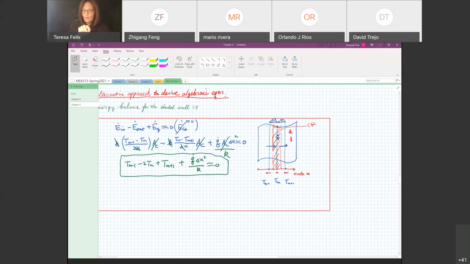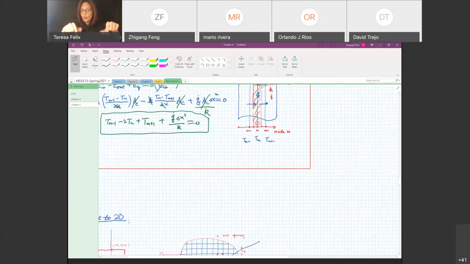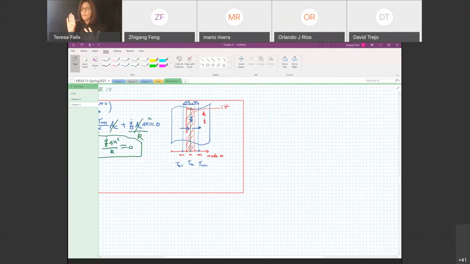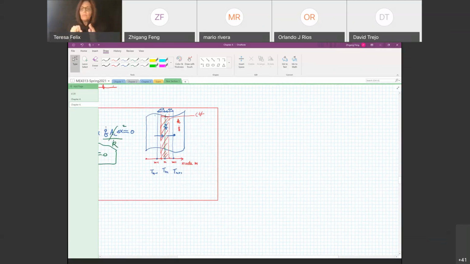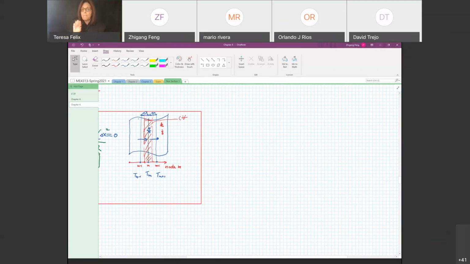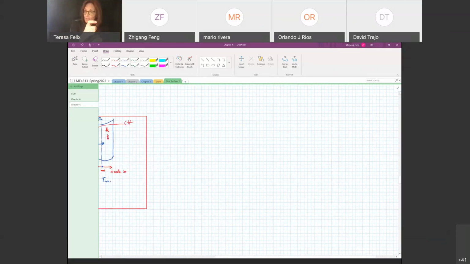Now for the boundary node, you have to pay special attention. If the temperature at the boundary is constant, then that's a simple case. You just assign the temperature at the node point equal to the constant that is provided. But let's consider a more involved boundary condition, let's say at x equal to L, or m equal to node number n.